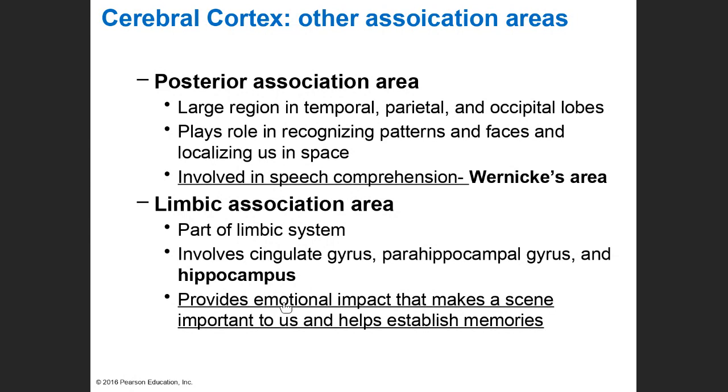All right, feeling like you want to be aggressive. You can feel aggressive, but whether or not you actually act aggressive, that's up to the anterior association area. That's up to the prefrontal cortex and the frontal lobe. But those emotions, like aggression and stuff like that, are really going to originate in the amygdala of the limbic system.